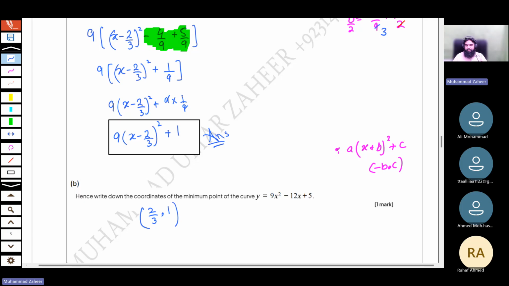So this is our turning point or minimum point, because this quadratic graph is going to be like this. If the quadratic graph looks upside down, then this point is the turning point as well as the maximum point, because you get the maximum value at this point.